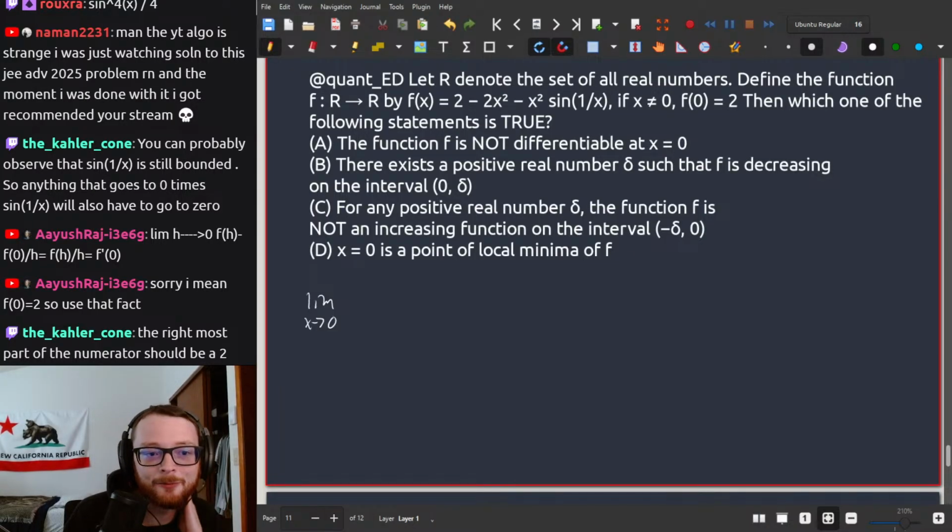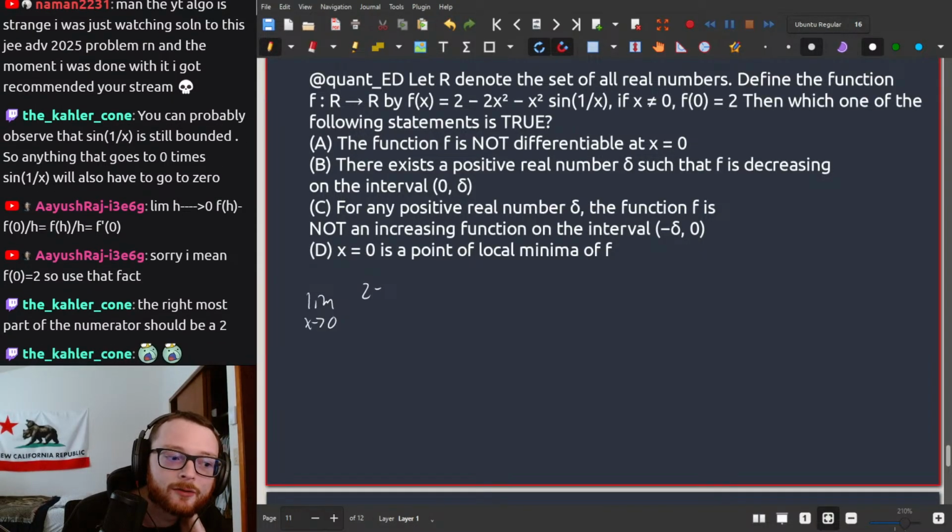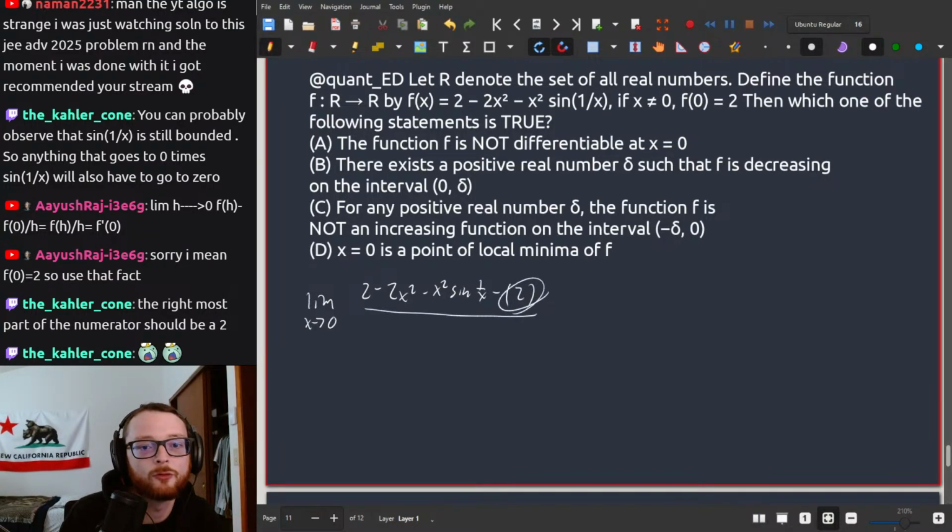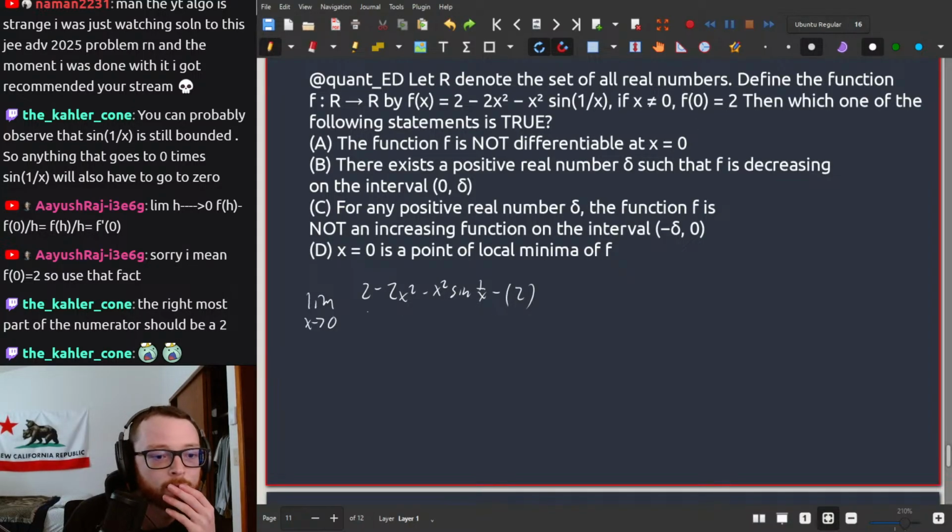I think what I had written down would have worked out too, but I do like Ayush's suggestion of doing the other limit definition because we just simply get 2 for f of 0. Oops. This is a lot quicker because the 2's cancel.